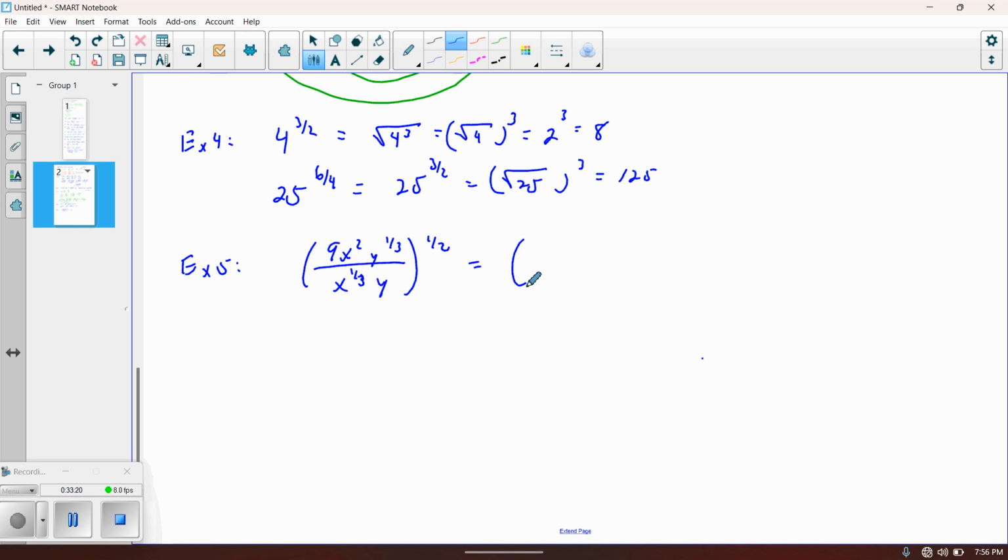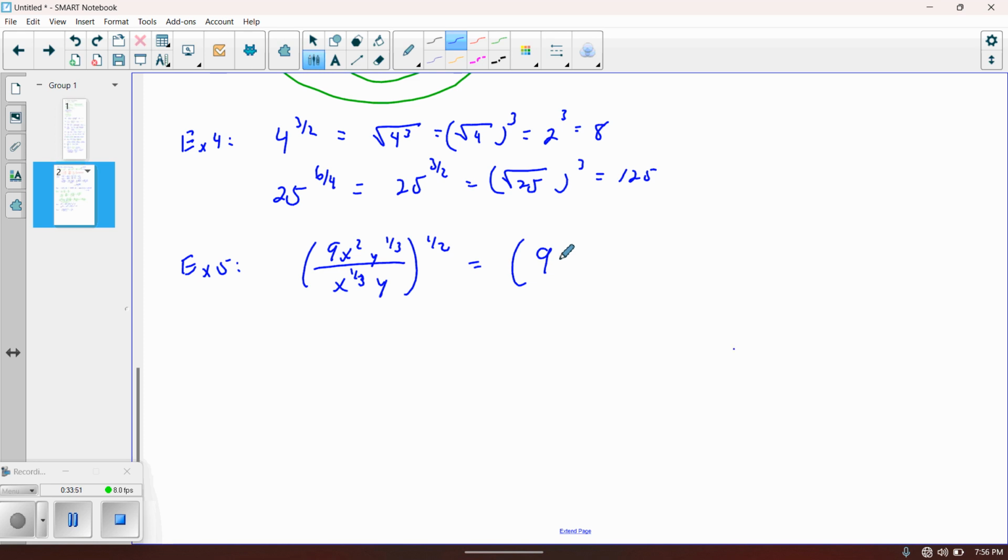So I've got an x squared divided by an x to the 1/3. If you remember the properties of exponents, since you're dividing the bases, you subtract the exponents. The 9 isn't going to do anything. There's no constant, so it stays where it is. Then the x is going to be x squared over x to the 1/3, which is 2 minus 1/3. 2 minus a third is actually going to be 5/3.